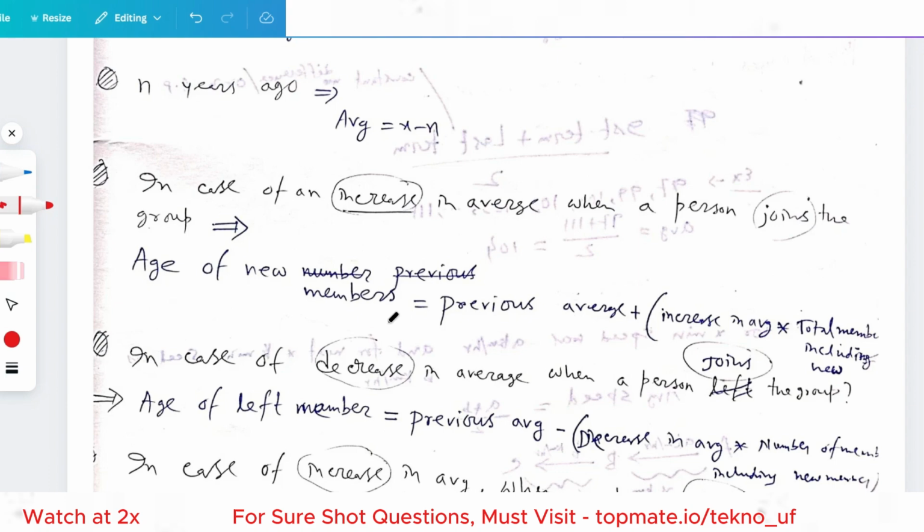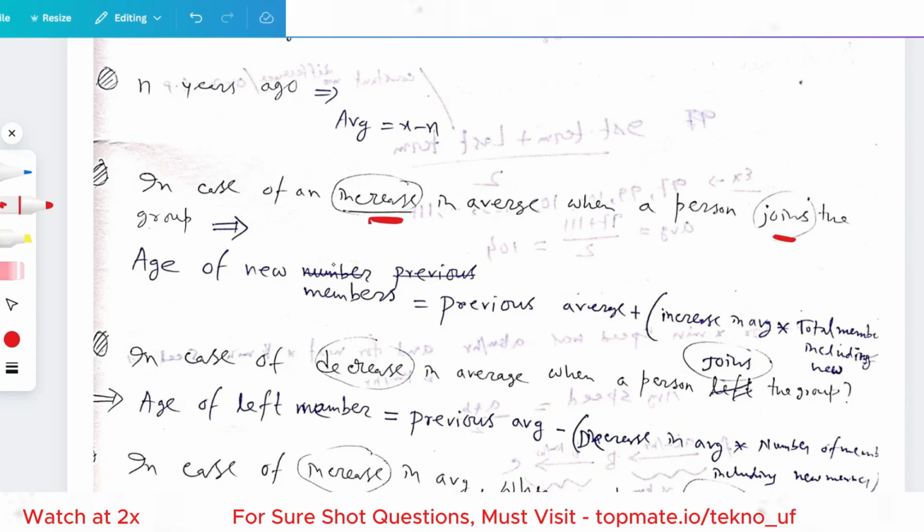Just remember this point: in case of an increase in average when a person joins the group, the age of the new member will be previous average plus increase in average, whatever the new increasing value is, into total members including the new one.